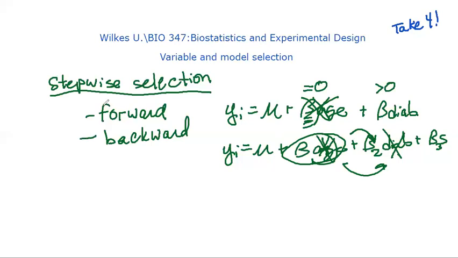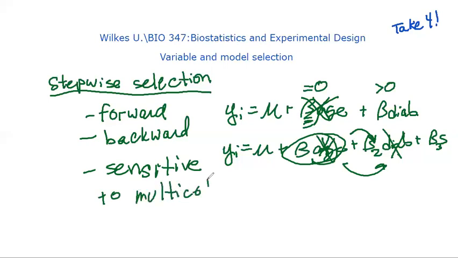And you still see these methods out there. Stepwise selection is still out there, so you should know what that is. Again, these methods are sensitive to something called multicollinearity.